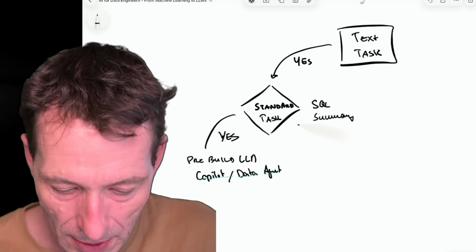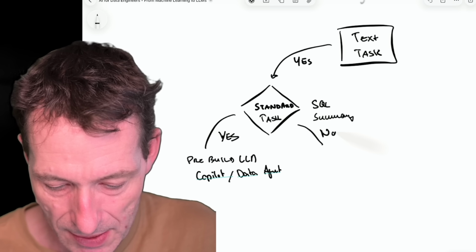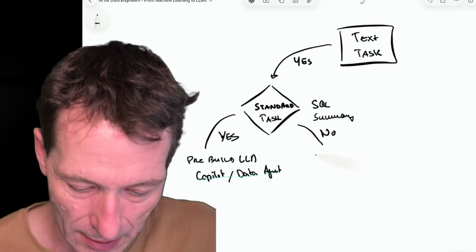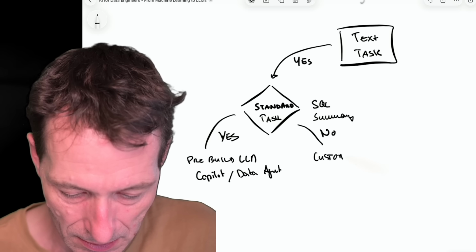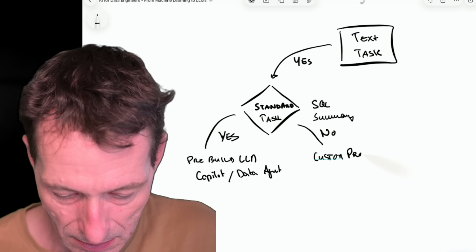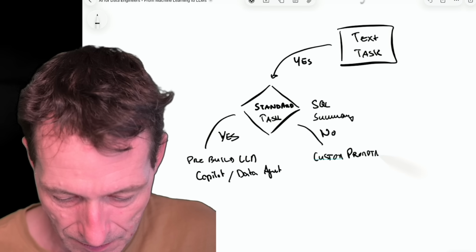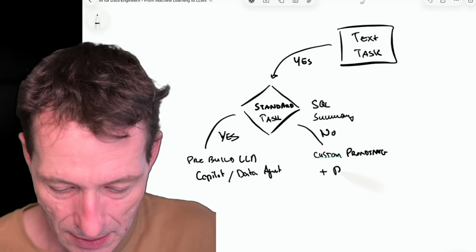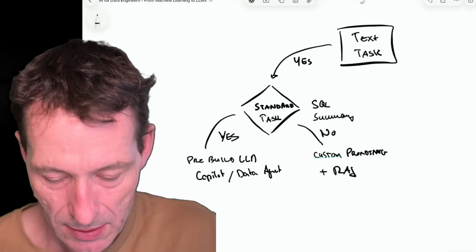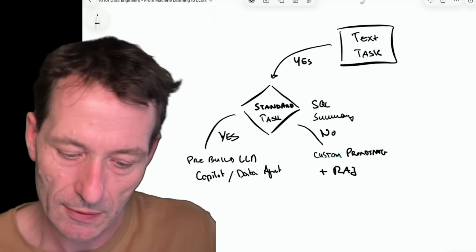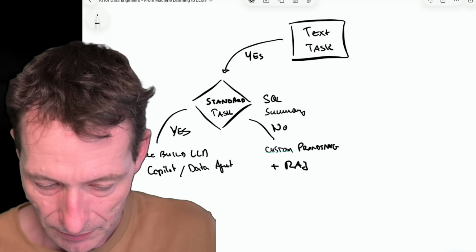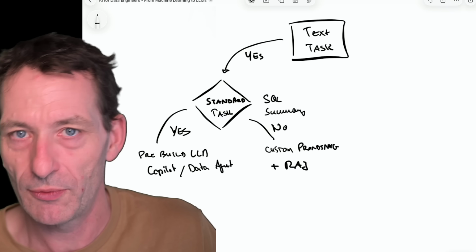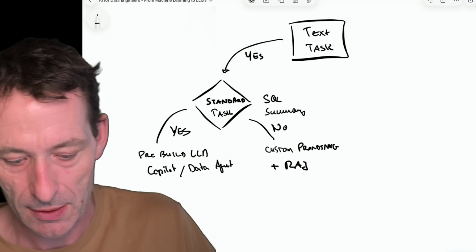When you need a lot of domain-specific stuff, so this is a no area, then you are in custom prompting, because you need a specialized prompt plus RAG. So you need to load your own data in. This is part 2 of our Fabric Friday AI focused series for Fabric enthusiasts. That's not for today.